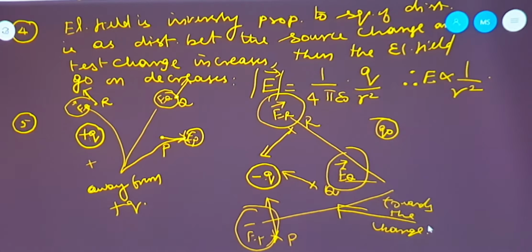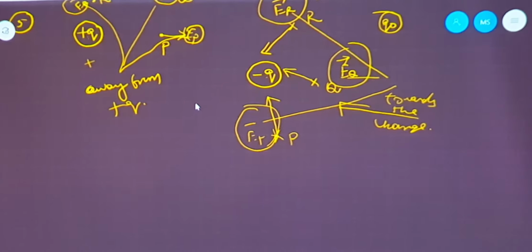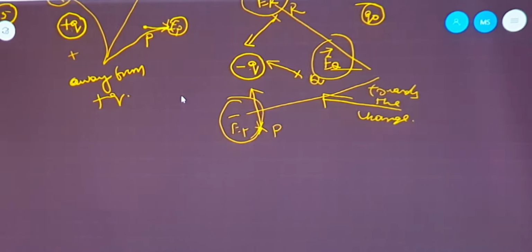What about point number 6? We can state point number 5 as: the test charge Q0 is so small that it will not modify the electrical field of the source charge. See, for this 5th point, I can write a conclusion.